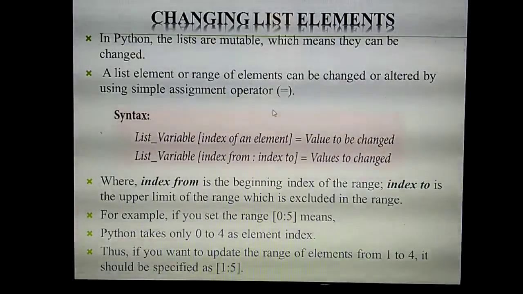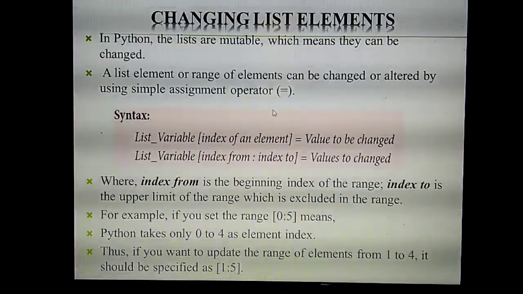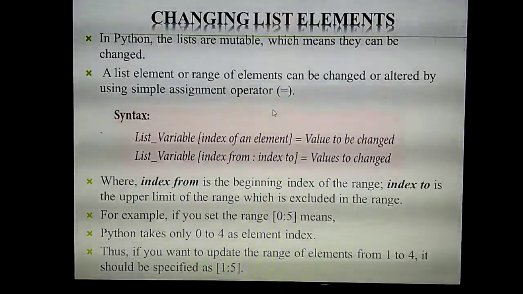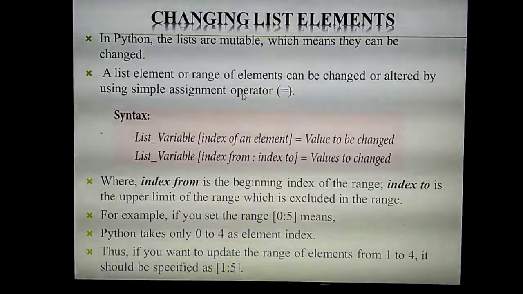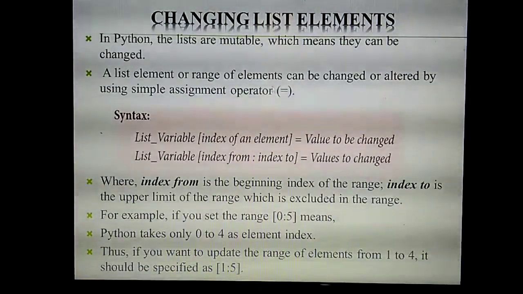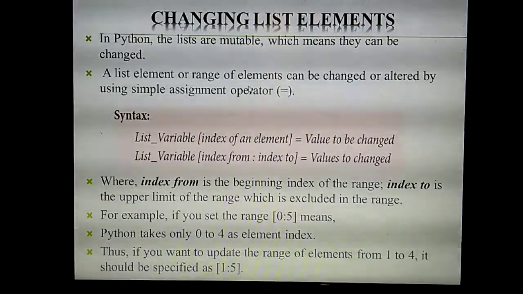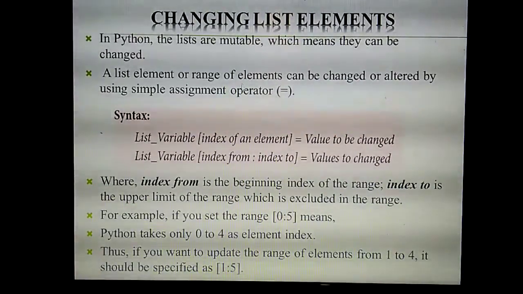So when you need to change or alter some values, you need to use the assignment operator. So which operator is used to change the list elements? Assignment operator. Understand? This is all important.